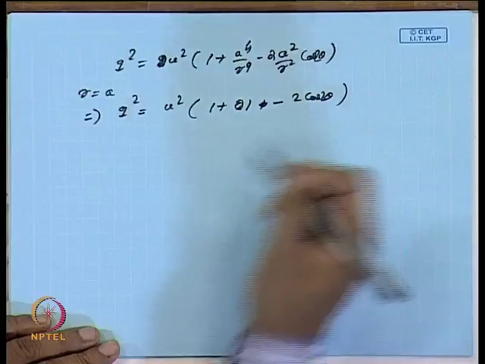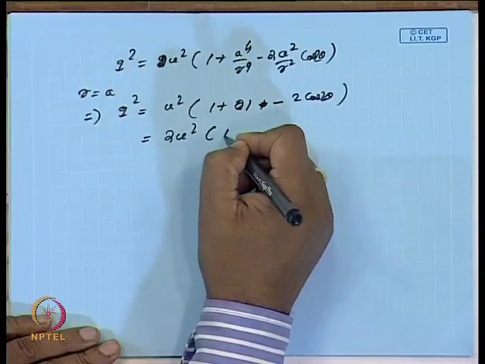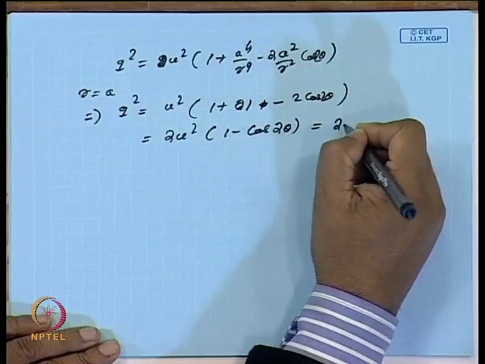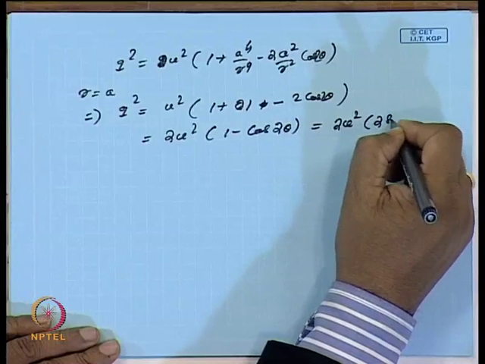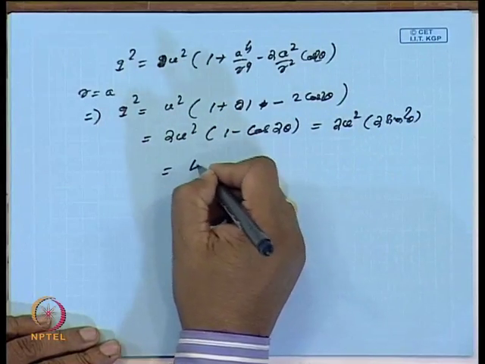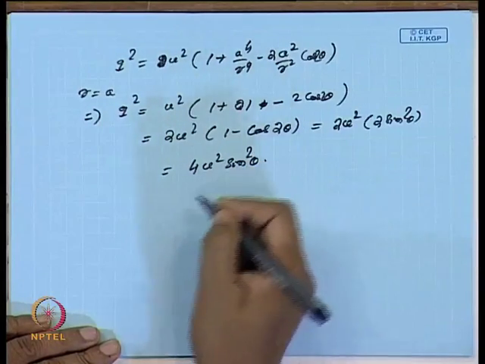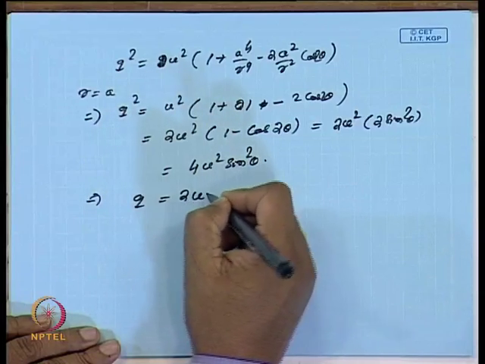So this is 2 u square into 1 minus cos 2 theta, 2 u square into 2 sin square theta, which is same as 4 u square sin square theta, which implies my q will be 2 u sin theta.